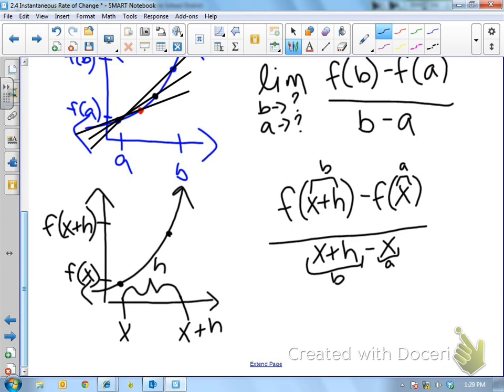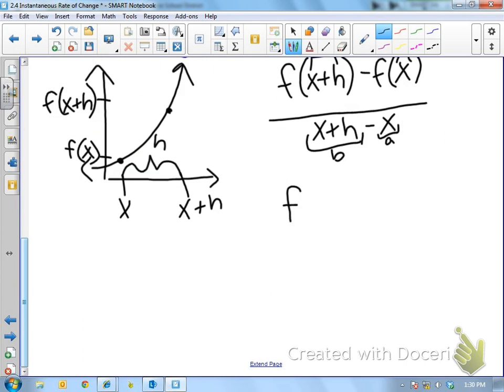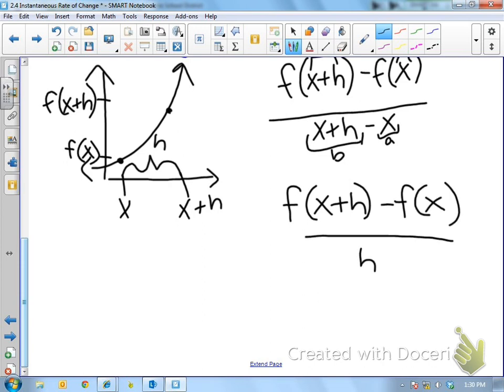Let's simplify it first before we decide how we should take our limit. So the only thing we can simplify is down here. What's going to happen in the denominator? X's will cancel. X minus x goes away. So it's going to be h. So now we have f of x plus h minus f of x over h. And now we have to consider our limit.